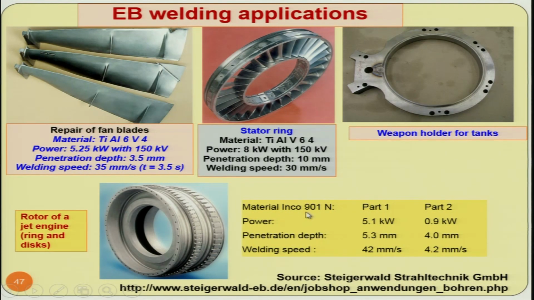Material Inconel 901, part 1 with 5.1 kilowatt power, penetration depth 5.3 millimeter and welding speed larger than what we had earlier, that is 42 millimeter per second. And part 2 like this; here also the welding speed, I do not know, it is written 4.2 millimeter per second, it has to be checked.